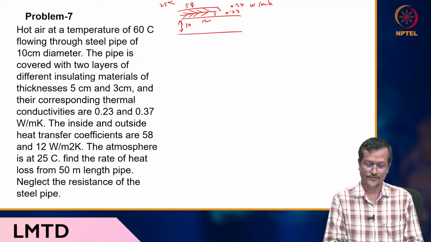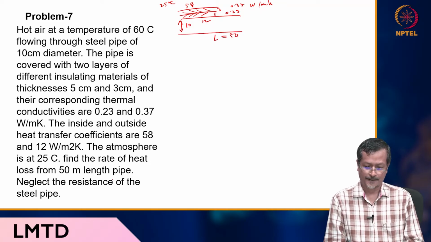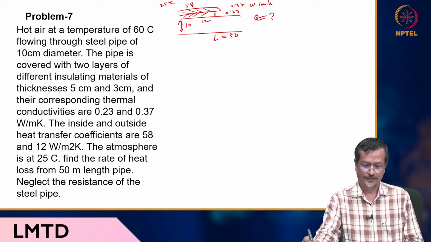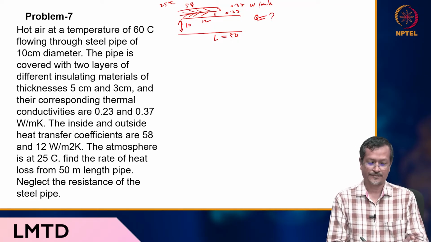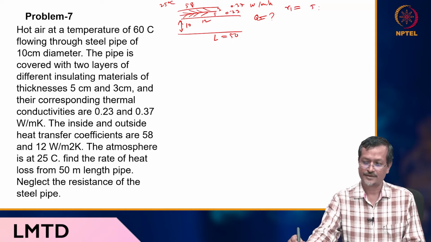Find the rate of heat loss from 50-meter long pipe. Q we have to calculate. Neglect resistance of steel pipe. So R1 equals 5, R2 equals 10, R3 equals 13.